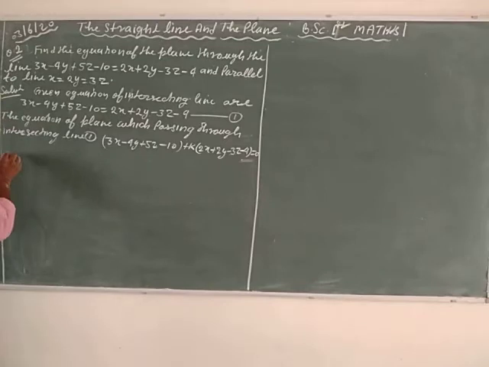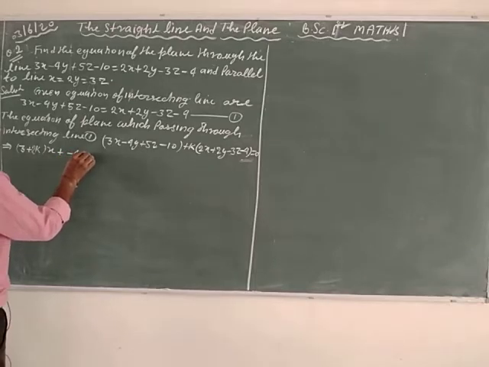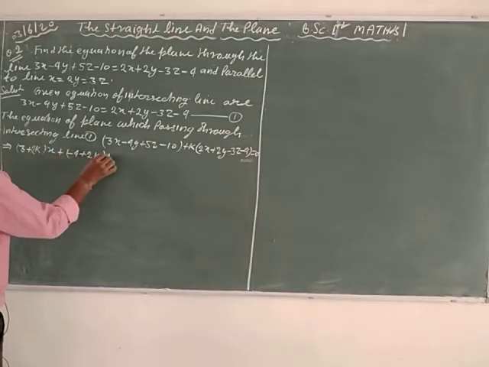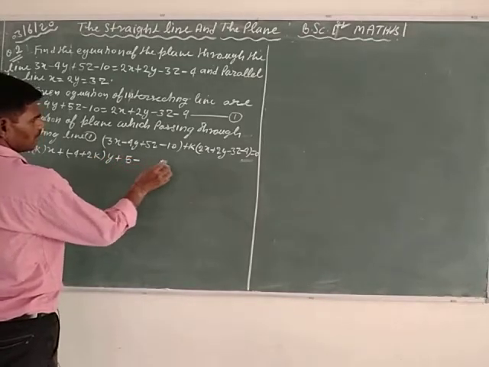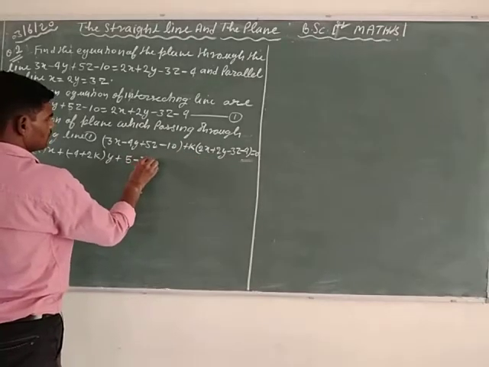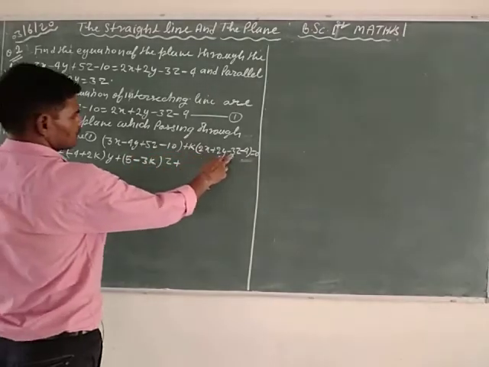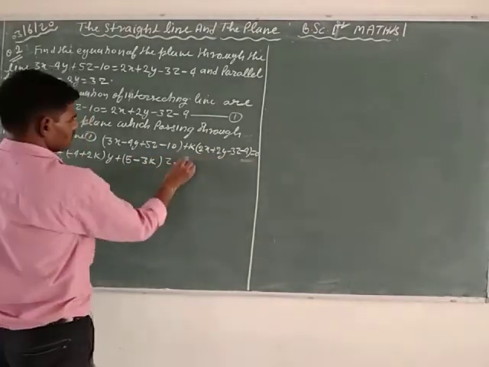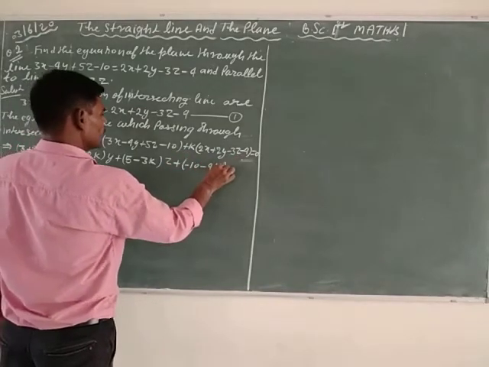Simplifying this equation, we get 3 plus 2k times x plus minus 4 plus 2k times y plus 5 minus 3k times z, and in the last bracket minus 10 minus 4k is equal to 0.